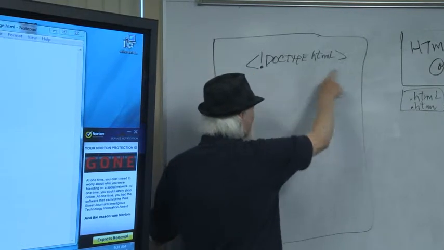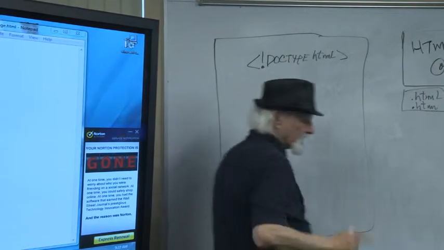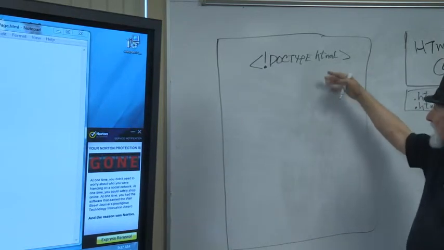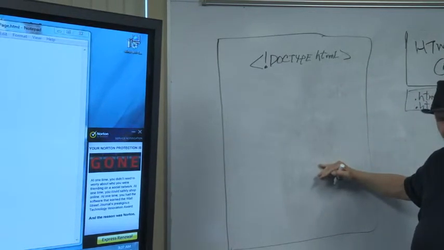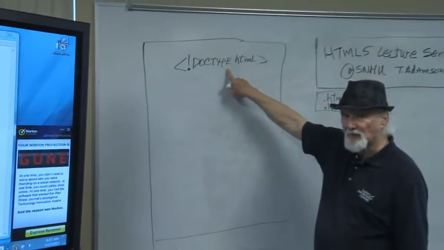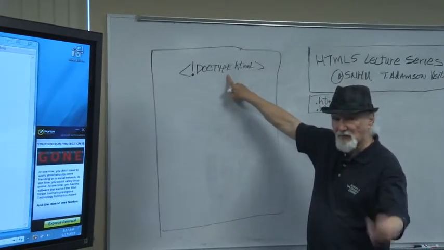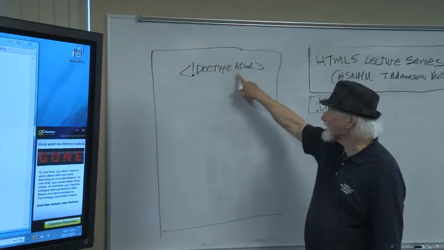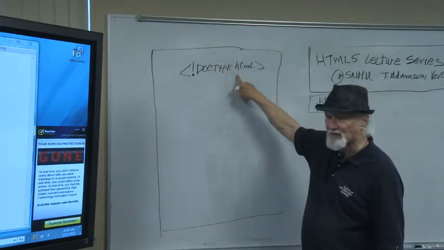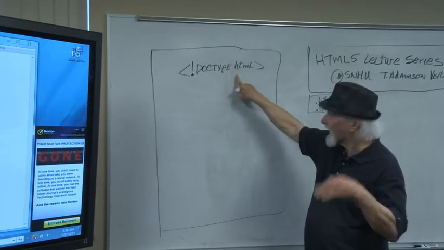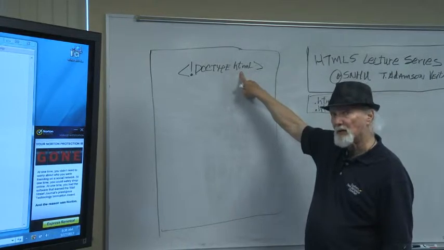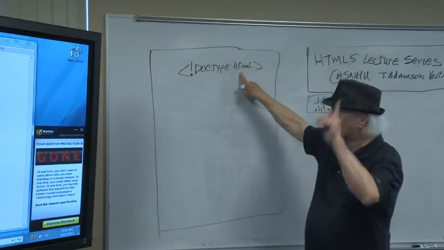Now, when it sees this, that tells the browser that this is going to be structured as an HTML5 document. That's what this means. There's other doc types too for older versions of HTML, like there's a doc type for XHTML transitional, a doc type for XHTML strict, and so on. So when we do it this way, this means it's going to be for HTML5.